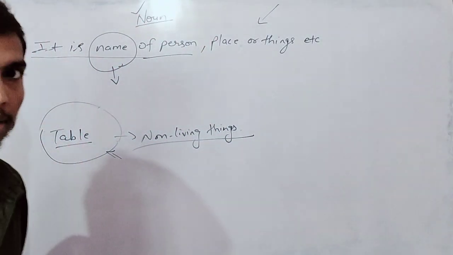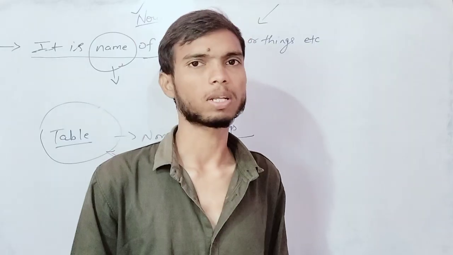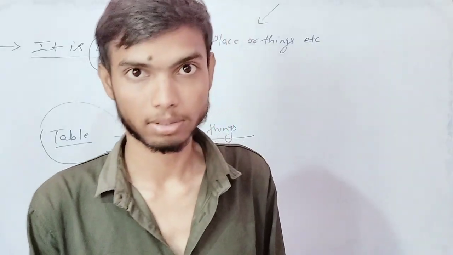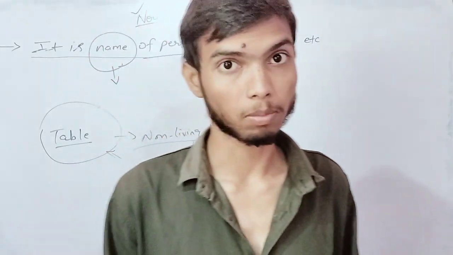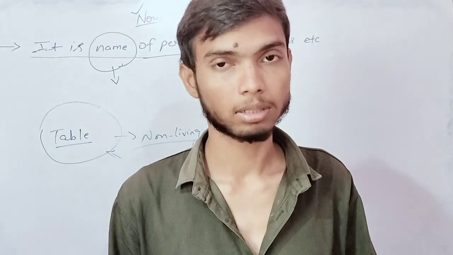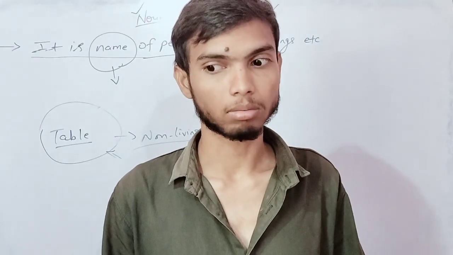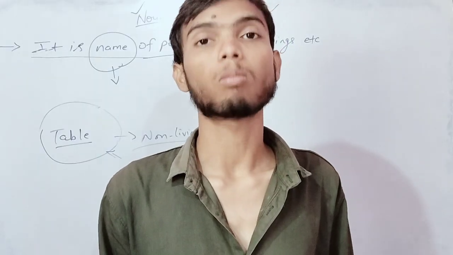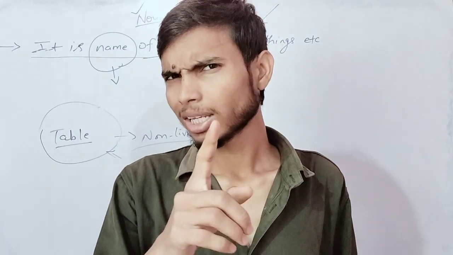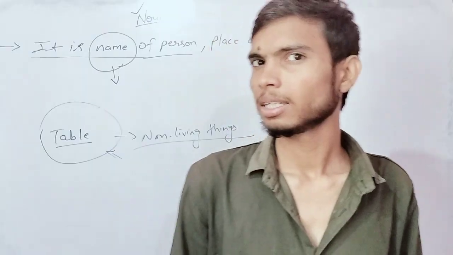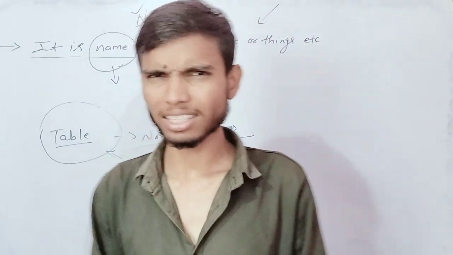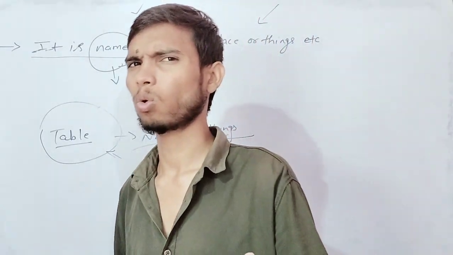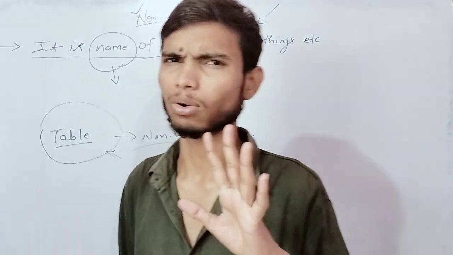For example, place. We know what is a place, but name of a place, for example, Delhi, Jharkhand. Name of area you can take. Now, can you tell me, Delhi is an object? No. Delhi is not an object.